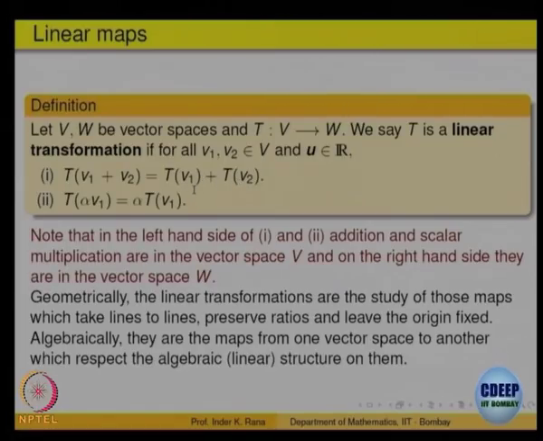So, it gives due respect to the corresponding structures in the domain as well as the codomain, that is the algebraic meaning of that. And this phenomenon comes up in a lot of branches in mathematics, whether you study group theory, or here where we are studying vector spaces. Whenever there is a set and there is a structure, one studies maps between those structures, and whether they preserve them, those are the important aspects.